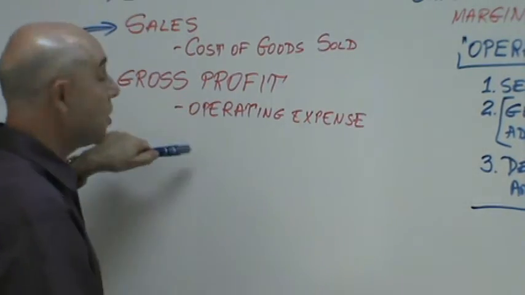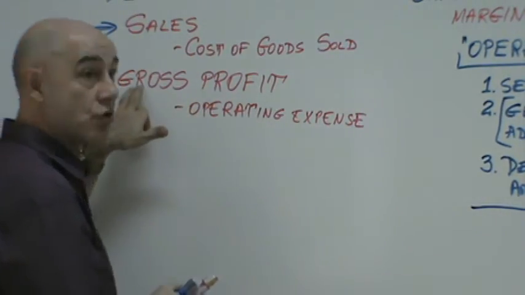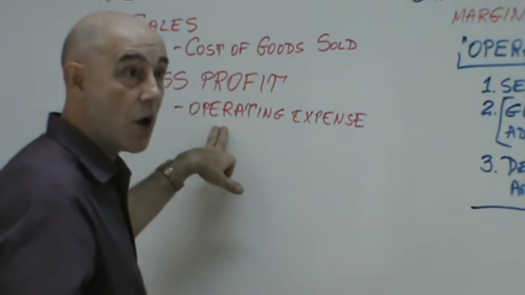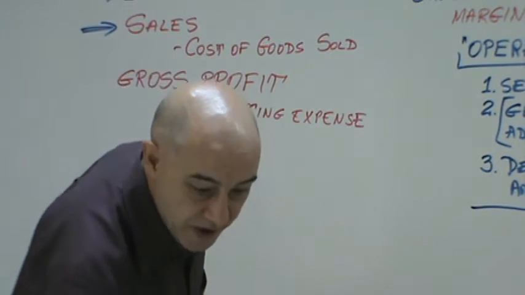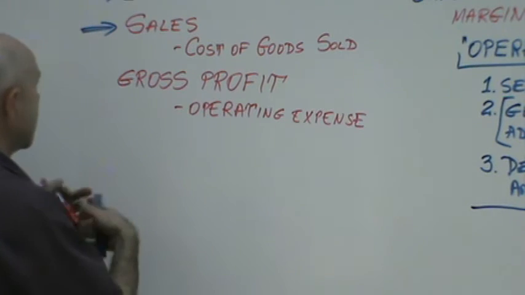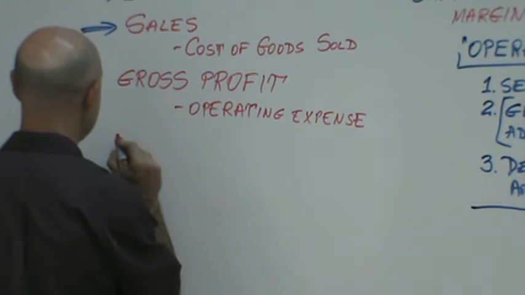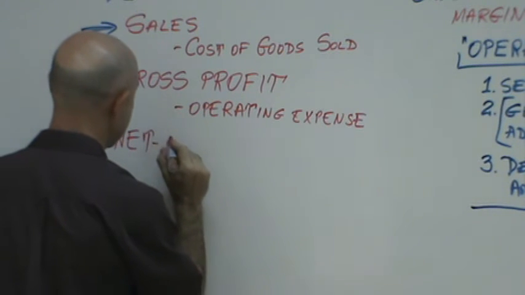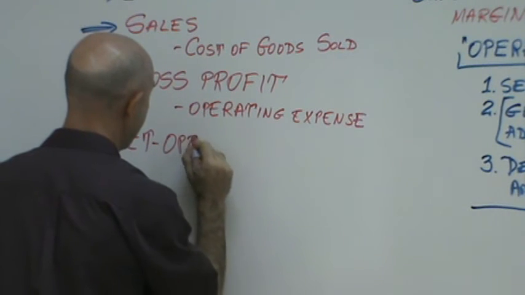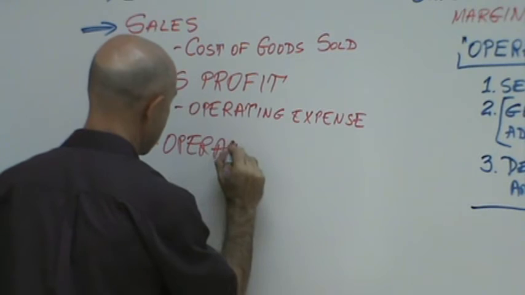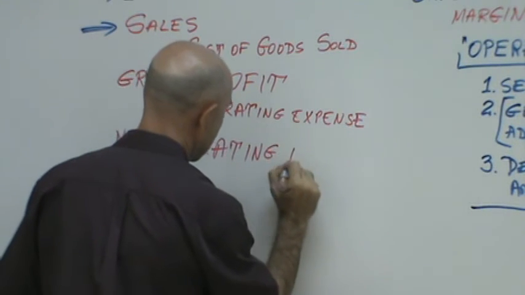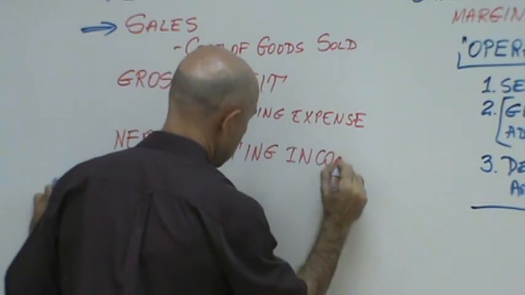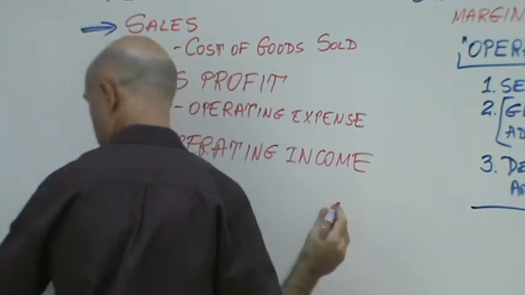Once you get the operating expense out of the gross profit, it becomes net operating income.